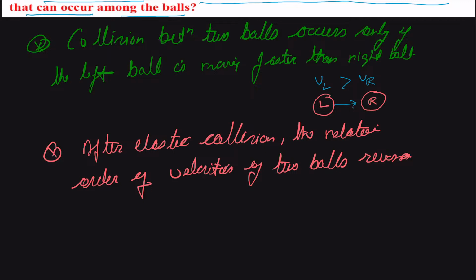And therefore we can say that each collision removes one inversion in the ordering of the velocity.